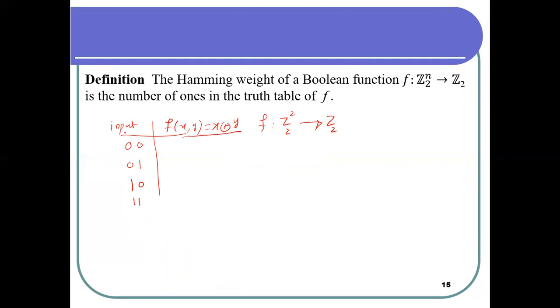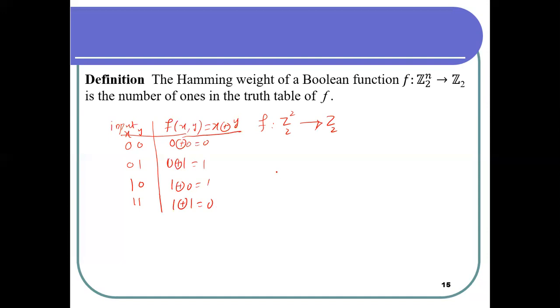This whole column is x and this whole column is y. So XORing both inputs: 0 XOR 0 is 0, 0 XOR 1 is 1, 1 XOR 0 is again 1, then 1 XOR 1 is 0.